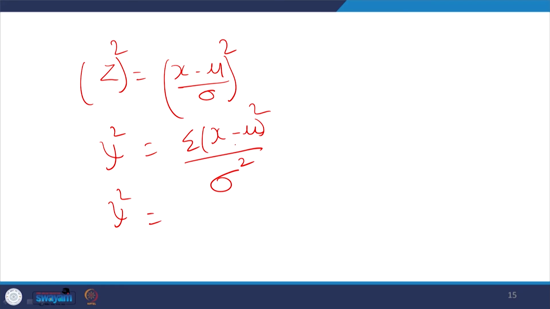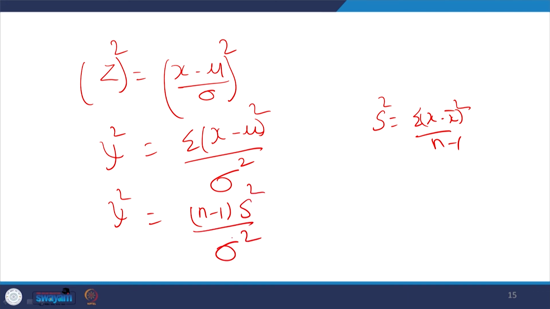I think you know this formula, the sample variance is sigma of (x minus x bar) whole square divided by n minus 1. So, this numerator, sigma of (x minus x bar) whole square, can be replaced by (n minus 1) s square divided by sigma square, that is nothing but your chi-square distribution.